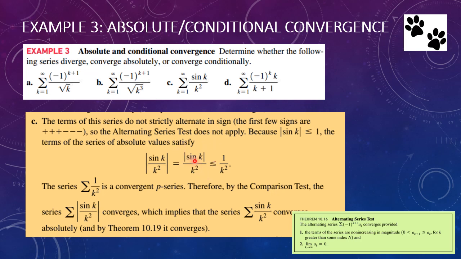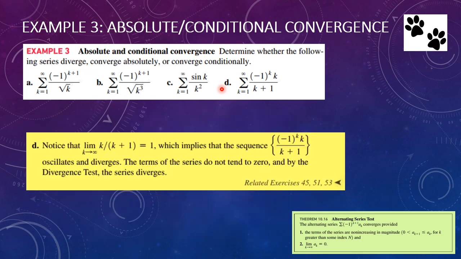The absolute value of the sine of k is less than or equal to 1. So we have this function here, 1 over k squared, which is a convergent p-series. Therefore, by the comparison test, the series of the absolute value of sine k over k squared converges, which implies that this series converges absolutely. And by theorem 10.19, it converges.